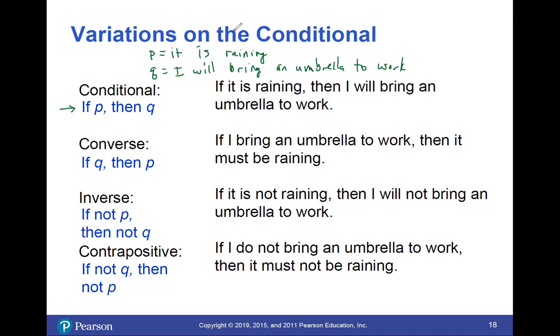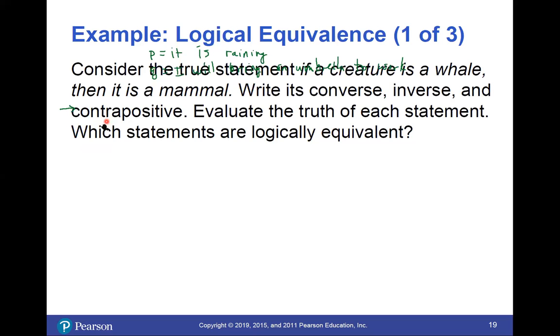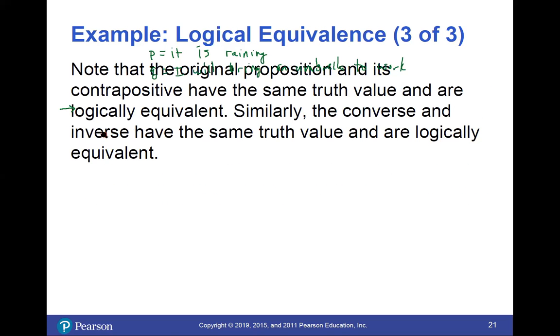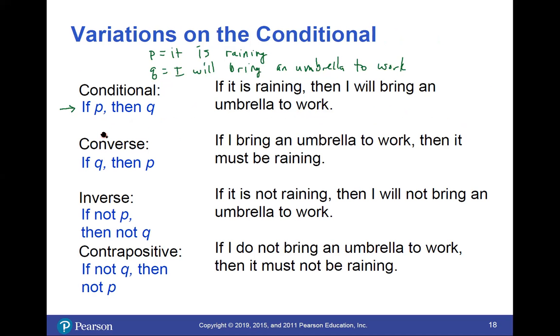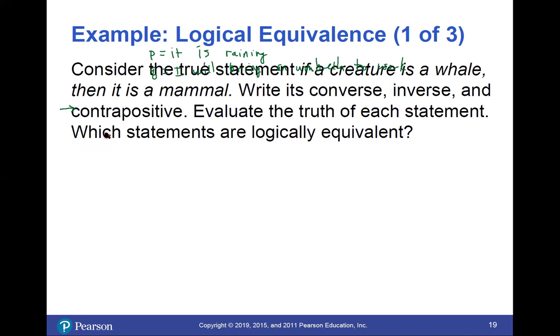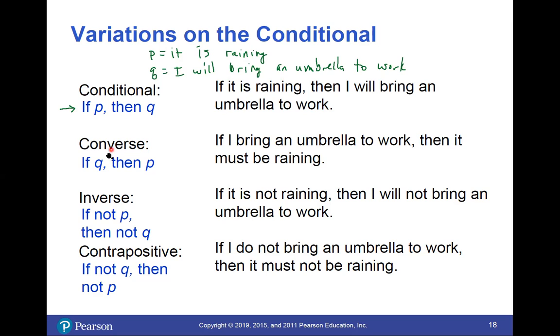The first one is called the converse, which is when you flip the locations of the P and the Q. Instead of P first and Q second, we have Q first and P second. So the converse is if Q then P: if I bring an umbrella to work, then it must be raining.